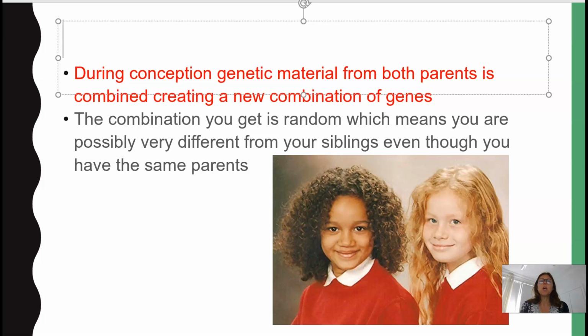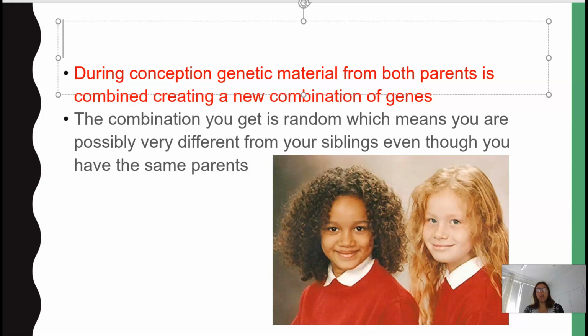As we talked about in our previous video, during conception, genetic material comes from your mum and your dad to produce a unique human being. The combination you get is random. You could be very similar or very different to your siblings, even having the same parents, and that is purely due to meiosis, the crossing over, and what combinations of genes are combined when the egg and sperm fertilize.